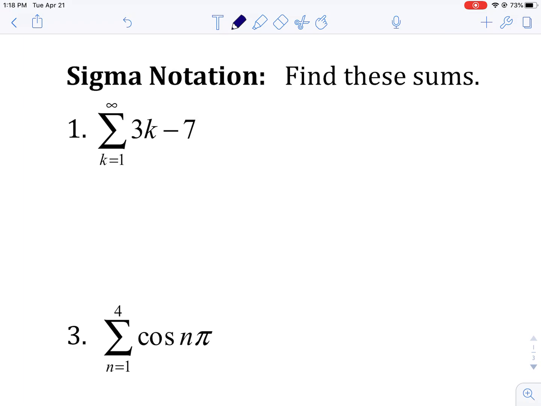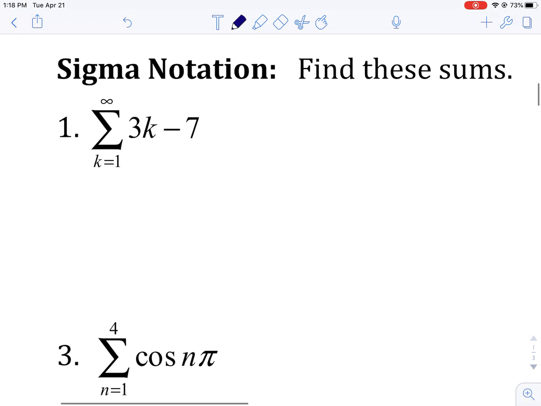So basically, you start at 1, you plug 1 in. If I plug in 1, I get -4. And then I plug in 2, and I plug in 3, and I plug in 4, and we add up the terms. So if I plug in 2, 3 times 2 is 6, minus 7 is -1.